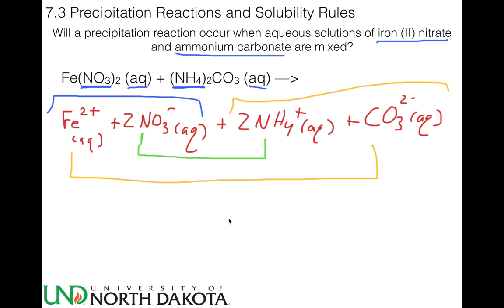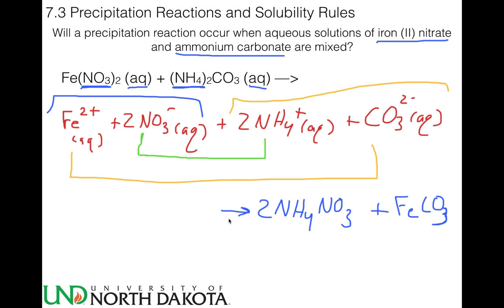So we're just switching which ions are with each other. That means our products that can form, written as they would be in the molecular equation, will be 2 NH4NO3 and also 1 FeCO3. So we made ammonium nitrate and iron 2 carbonate.